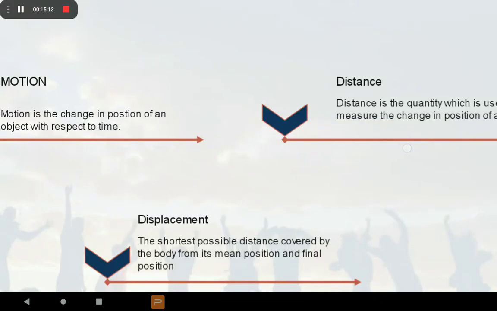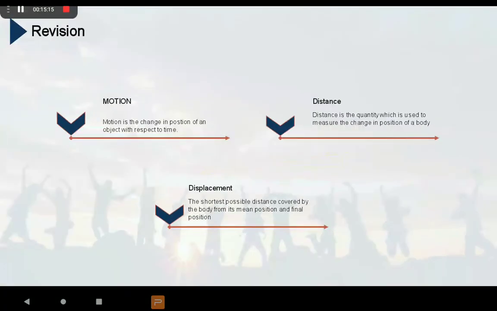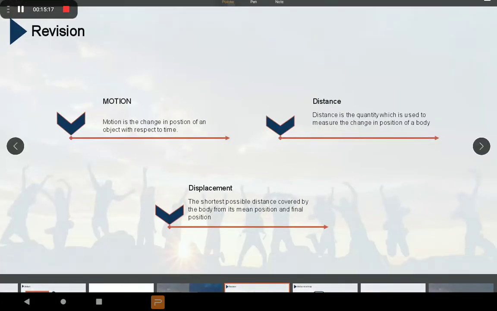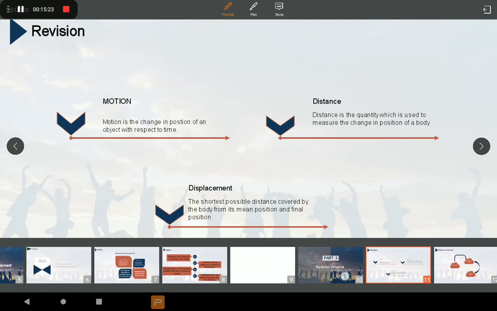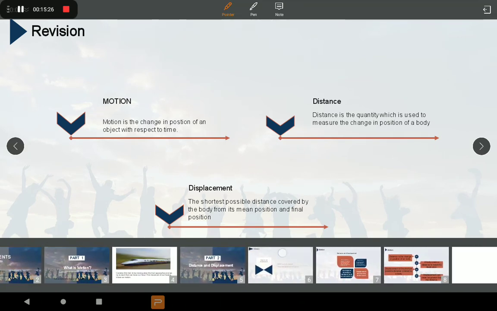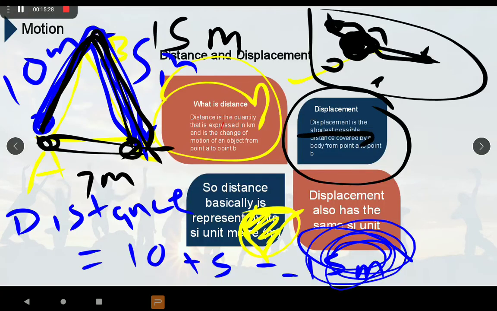Let's come to distance. Distance is a quantity which is used to measure the change in position of a body. Let me go to my distance part. See this diagram, you remember the triangular path, which was a 15-meter distance.